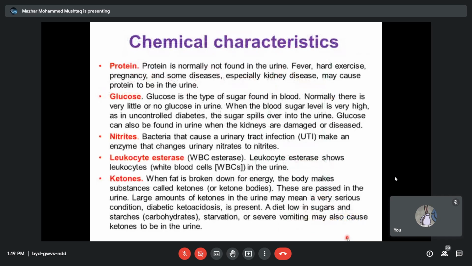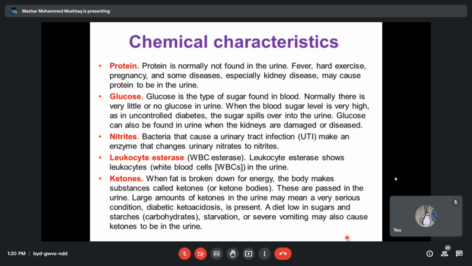What are the chemical characteristics of the urine? For example, protein is normally not found in the urine. Sometimes there is something called orthostatic proteinuria: if you are standing for a long time, you may have some, but normally it is not there.